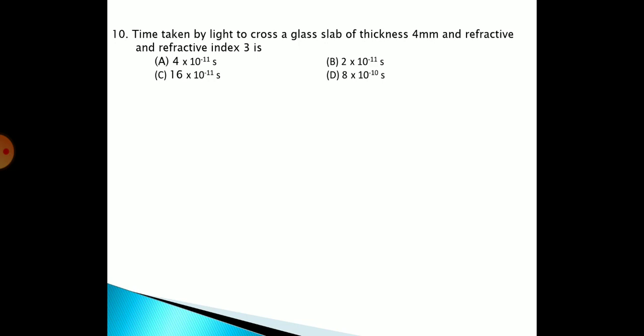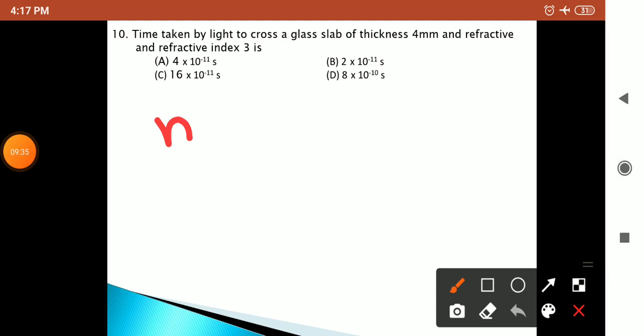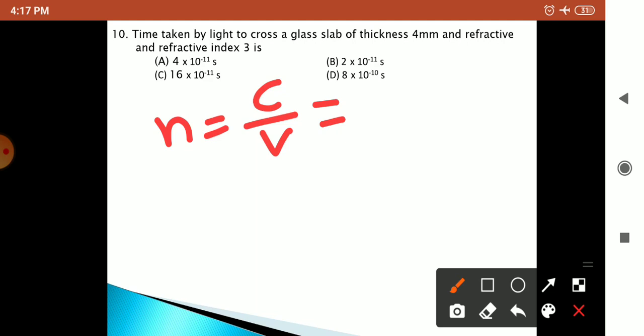The next numerical is there. Time taken by light to cross a glass slab of thickness 4 mm and refractive index 3 is. Here we have a formula, n equal to c upon v, where c is the light velocity, n is the refractive index.